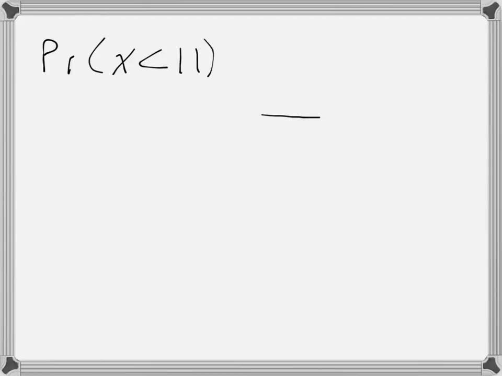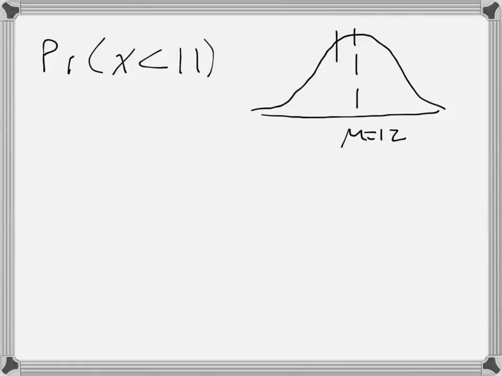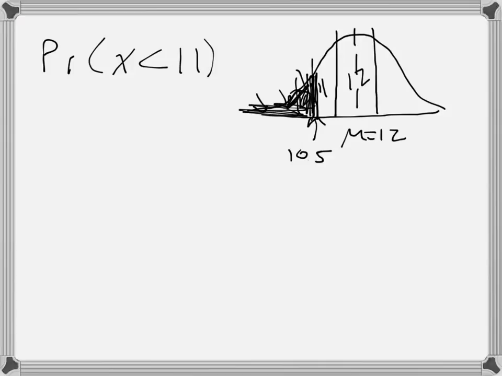If we go back to our normal distribution, our mean is 12, and here's the area for 12, and here's the area for 11 and 10. This threshold is 10.5, and if I want the probability that I'm less than 11, it means I want the probability that I get a 10, or a 9, or an 8. So I want all of this space left of 11.